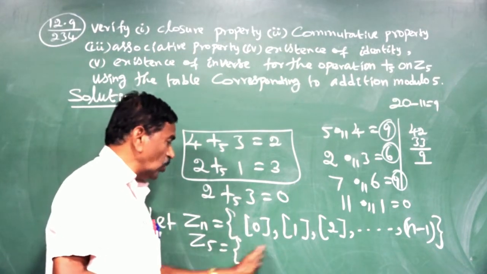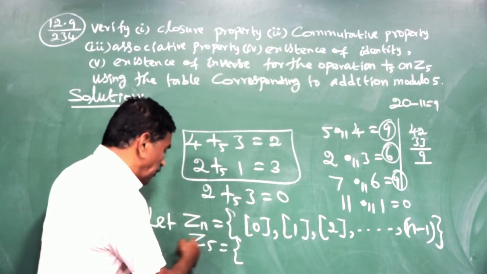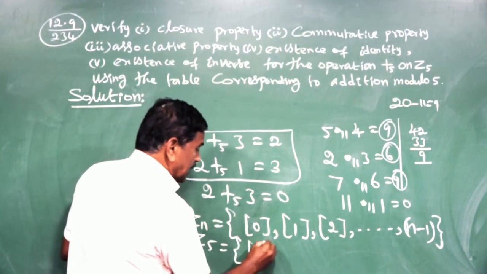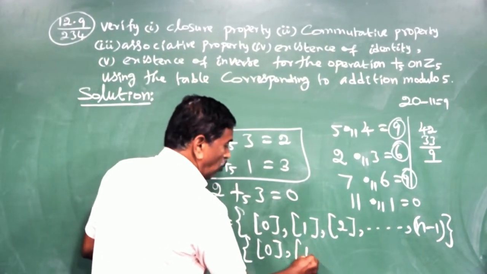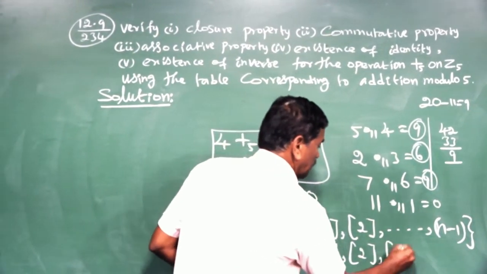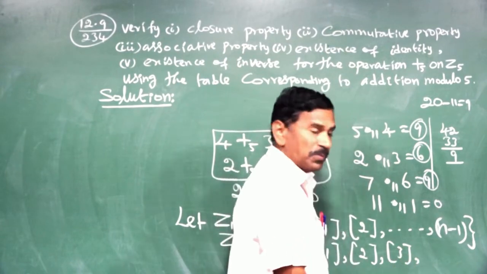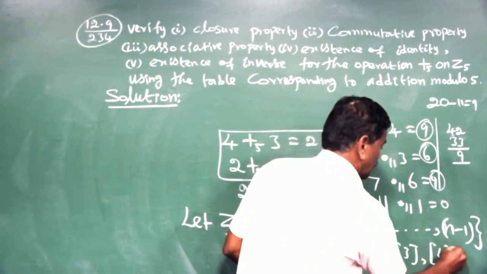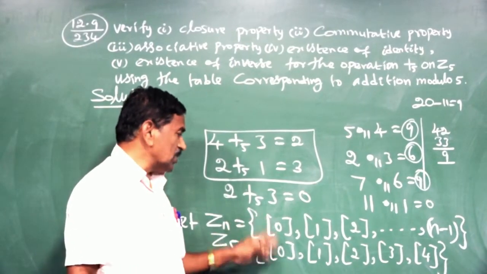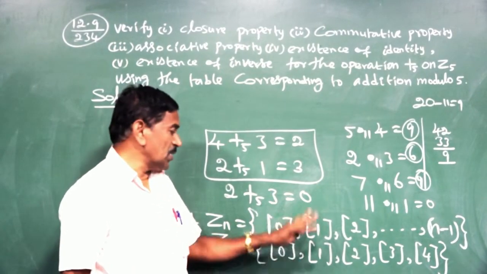So starting with 0 ends with 4, because 5 before 4. So Z5 is a set which has the elements 0, 1, 2, 3, okay. Next element yourself? Yes, 4. Complete the bracket. And so these two sets are finite sets.